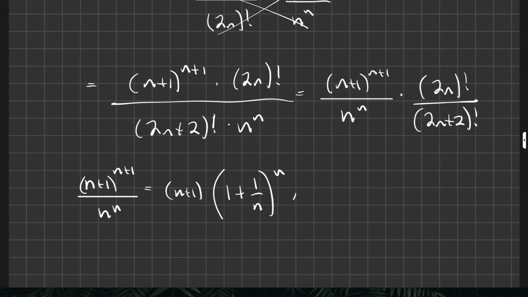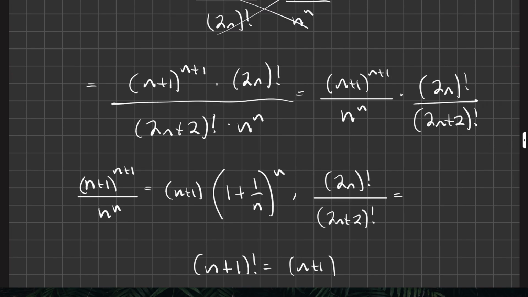And let's look at the factorial terms now, (2n) factorial over (2n plus 2) factorial. We use the fact that n plus 1 factorial is equal to n plus 1 times n factorial. It's one of your identities that you should know. And how would this simplify? Let's see.